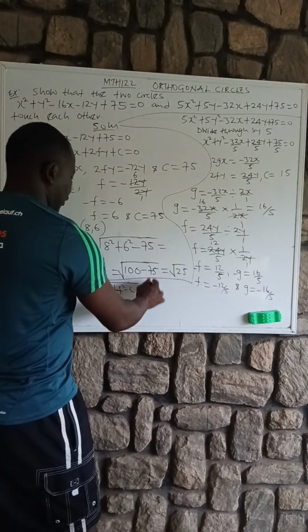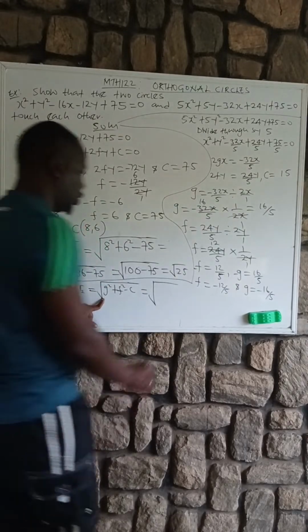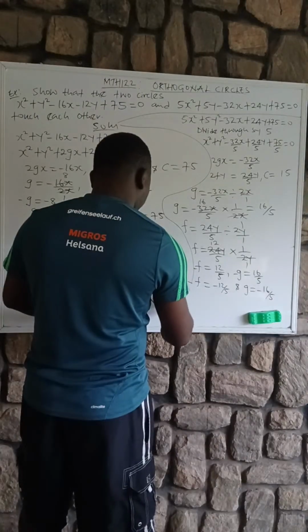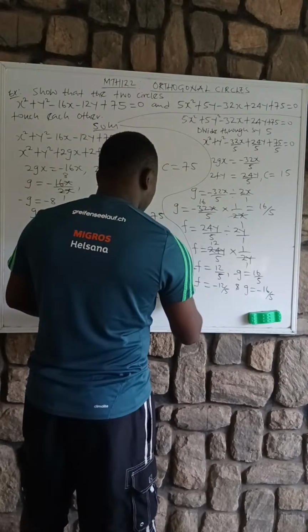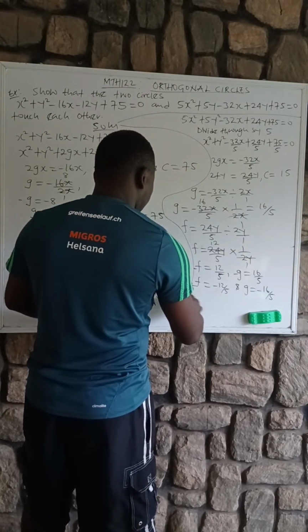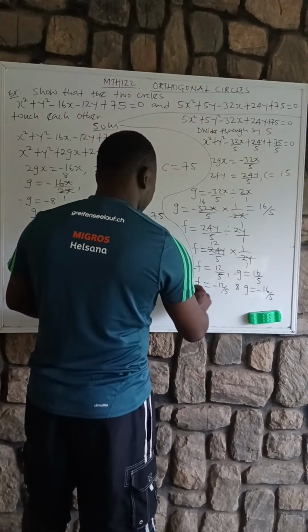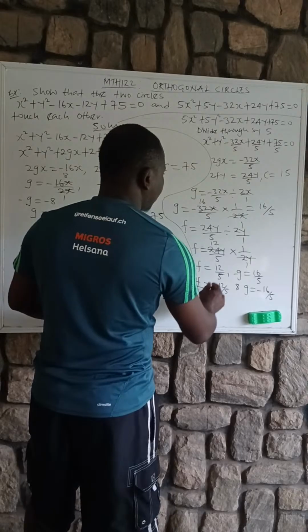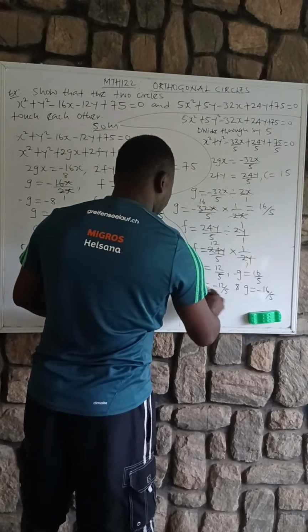Then this is equal to, what is G? G is minus 16 all over 5 squared, plus F, which is minus 12 all over 5, all squared, then our C is 15, right? Minus 15.